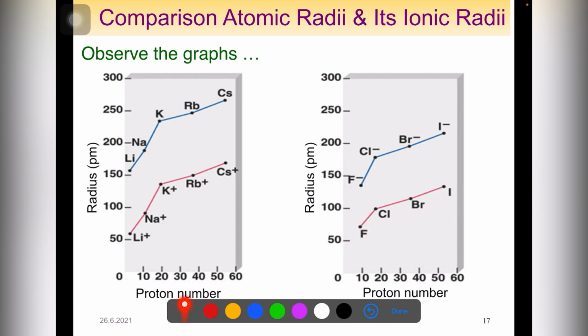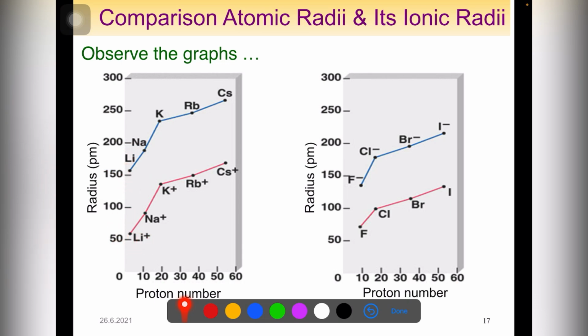So what is the difference? You can see that for group 1, the neutral atom has a larger radius compared to the ions. That means lithium has a larger size compared to lithium plus.